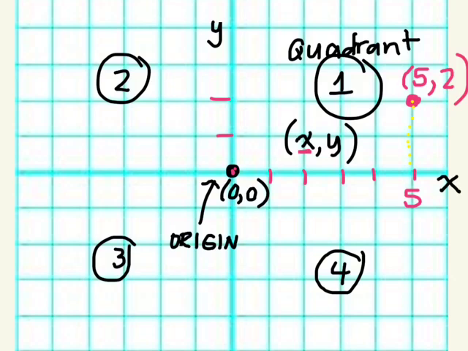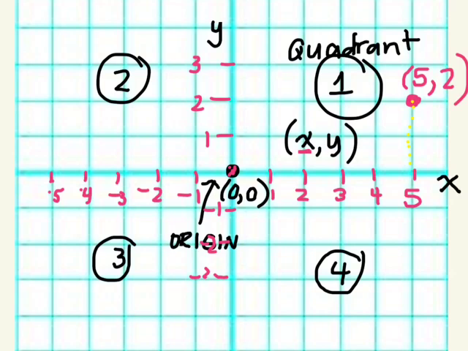So I know the numbers on the right of the origin are positive, 1, 2, 3, 4, 5, and the numbers to the left of the origin would be negative. Good. So just like a number line. Then numbers above the origin are positive, and the numbers below the origin are negative on the y-axis.